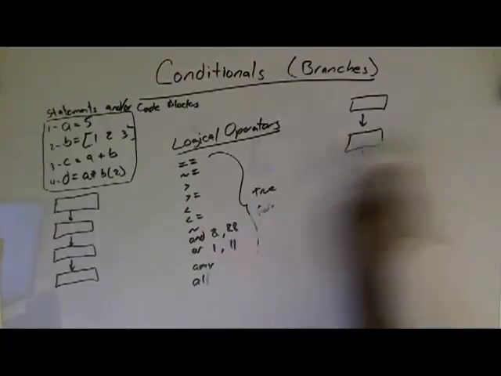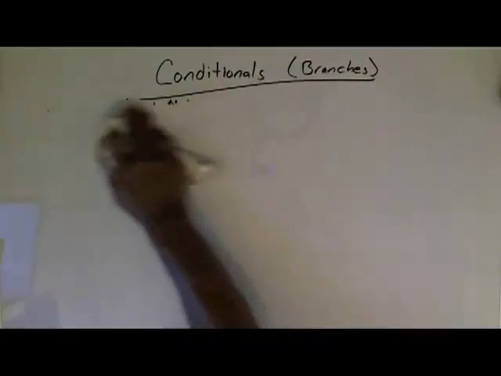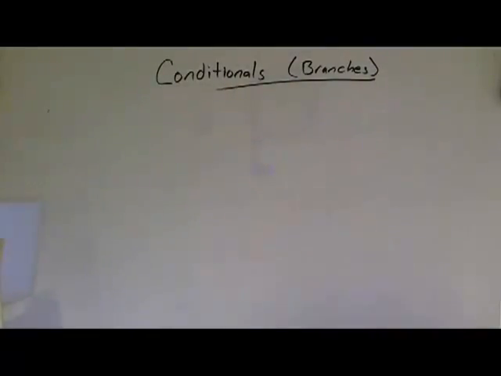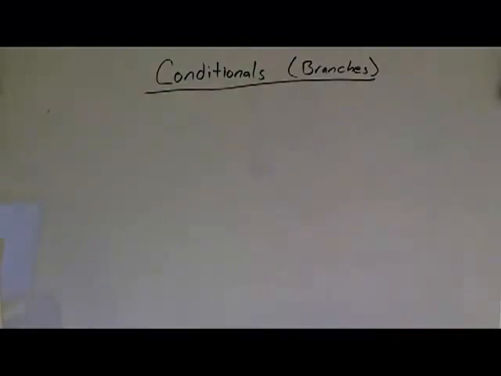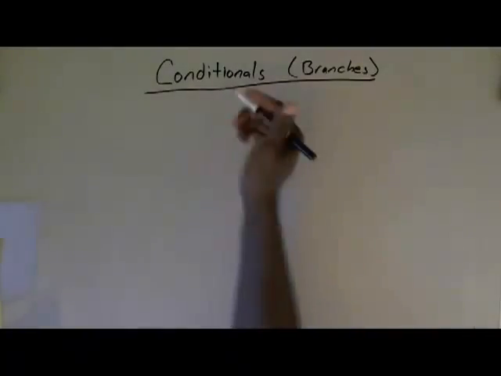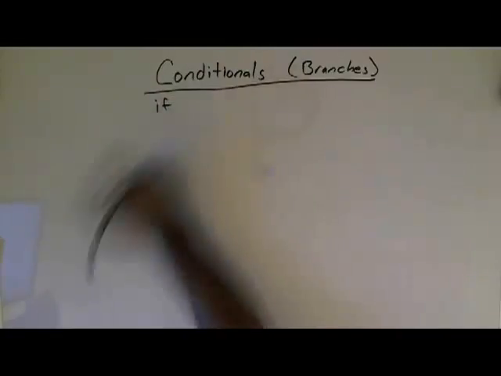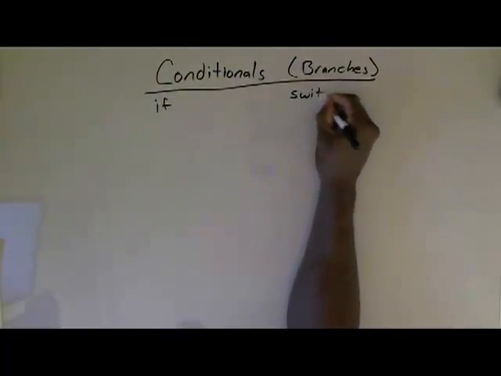Now, let's go a little bit deeper here. It manifests itself in a couple of ways. Let's look at the basic. Conditionals manifest in the form of an if statement and the form of a switch statement.